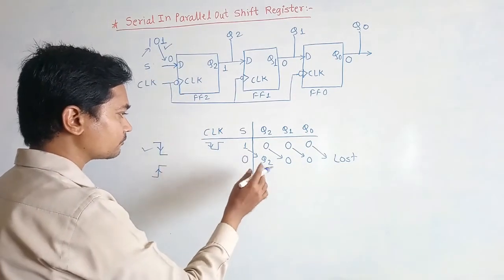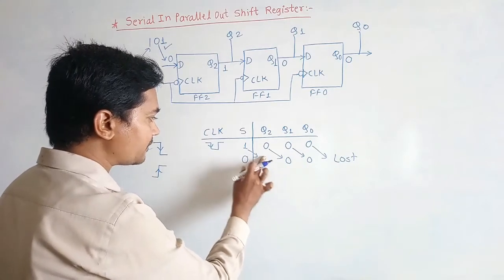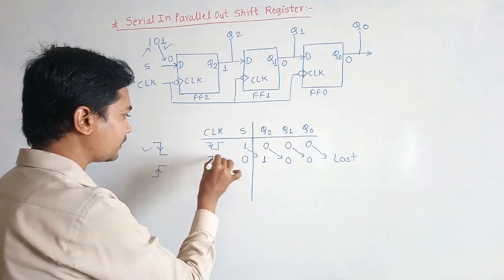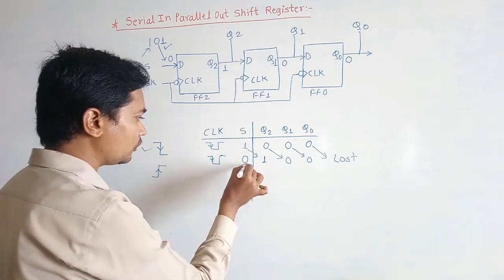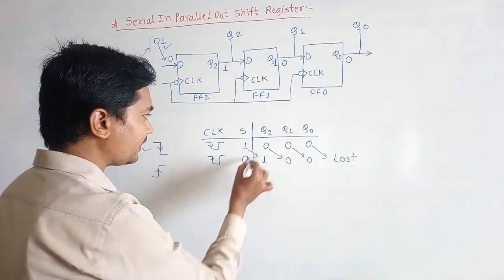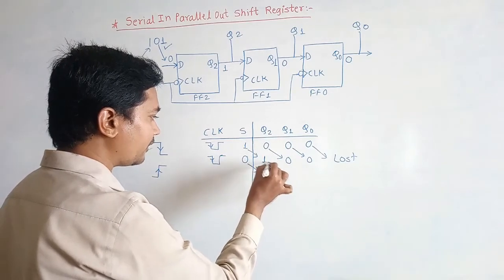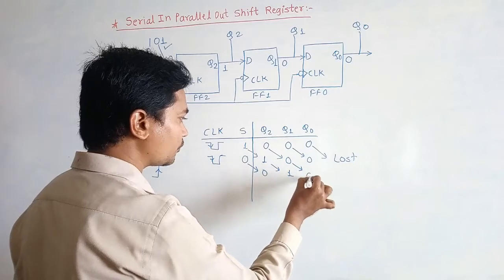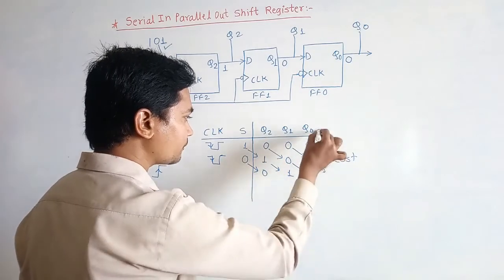I mistakenly wrote Q2 here, but it should be 1. When we apply the second clock signal, this 0 will be shifted at the Q2 output, 1 will be shifted at the Q1 output, 0 will be shifted at the Q0 output, and this 0 will be lost.